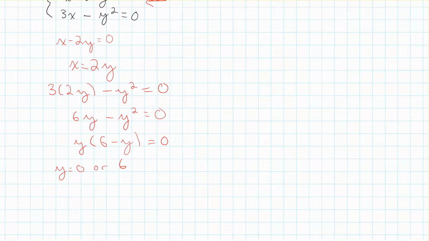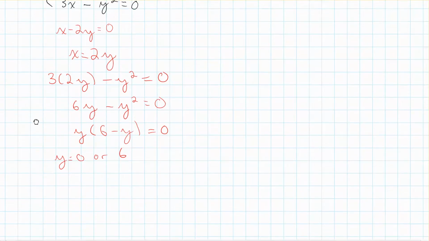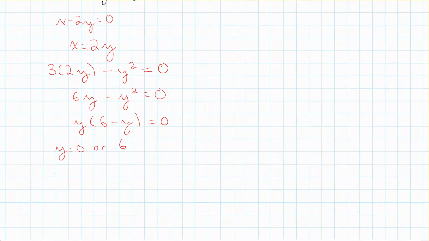Now, we can just simply figure out what x is by knowing that we've already solved and have that x is equal to 2y. And so we'd get that x is equal to 2 times 0, which is 0. And then also x is equal to 2 times 6, which is 12.